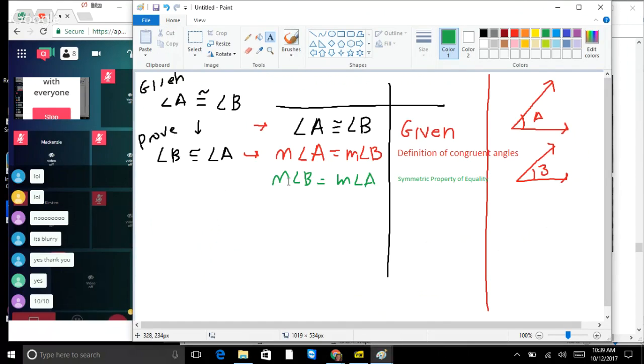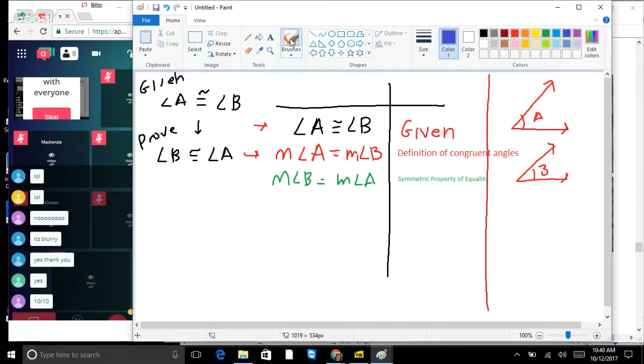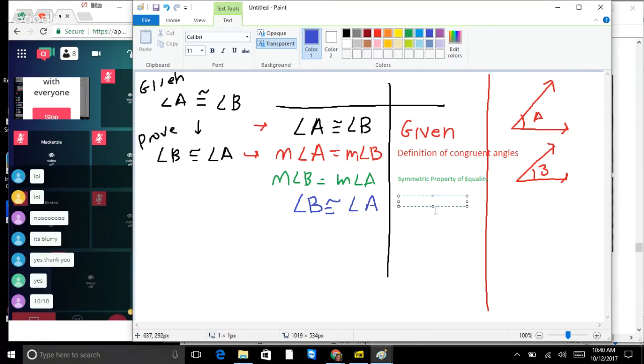Now I have the measure of angle B equals the measure of angle A, but I need to prove that angle B is congruent to angle A. So I'm going to convert this back into a congruent statement and say that angle B is congruent to angle A. And I can use the same property as before, the definition of congruent angles.